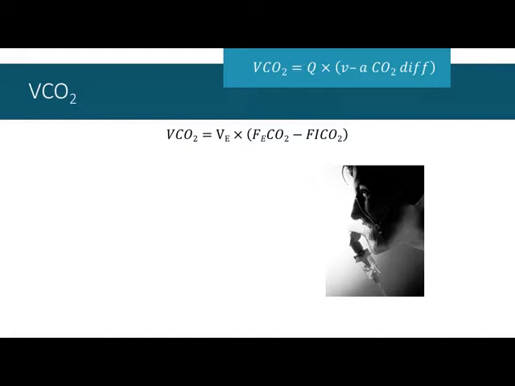Percent, per 100. So fraction of a gas is resolving that percent. So it's the decimal form of the fraction. 0.21 for oxygen, 0.0003 for CO2. That's what I mean by fraction of inspired or fraction of expired CO2.